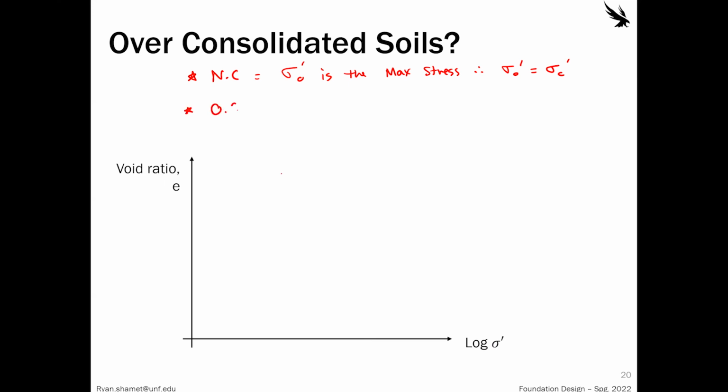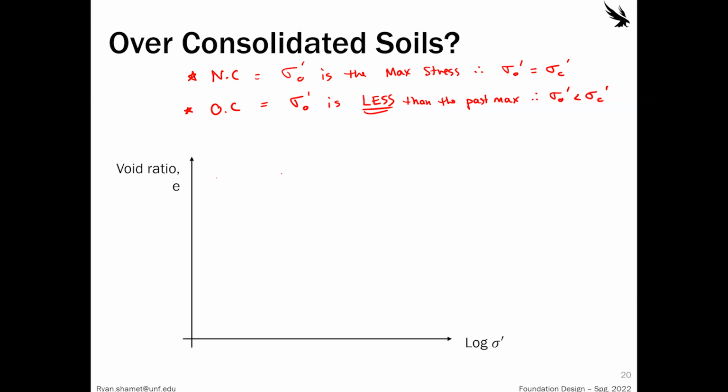For over-consolidated, this is less. So our current is less than the past max, therefore our current is less than our sigma C.